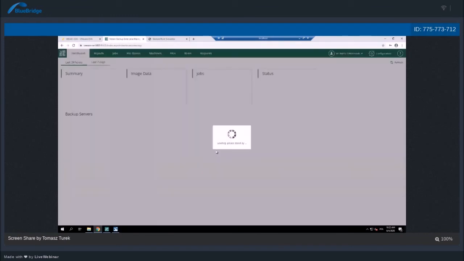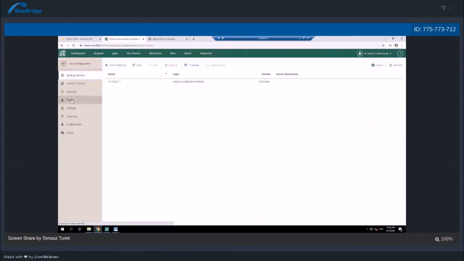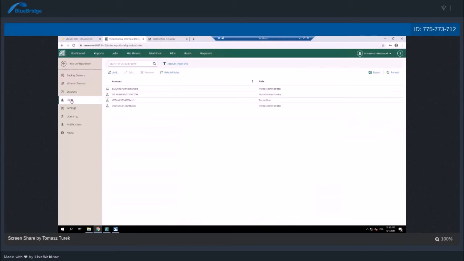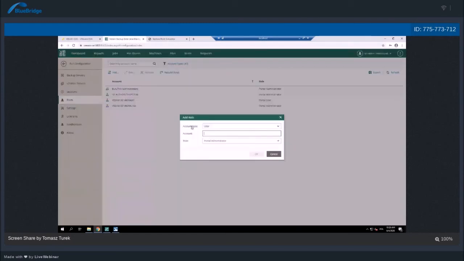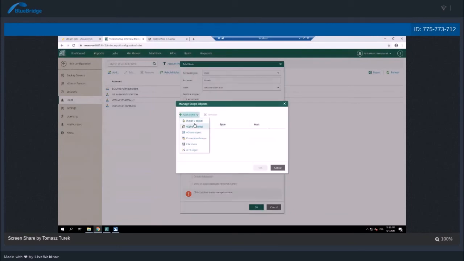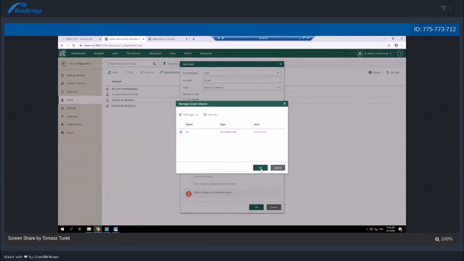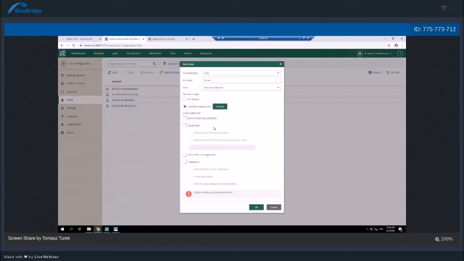The good thing about this web-based interface is that you're able to separate users, giving them access only to their machines, which are, let's say, in their ownership. So if we add an account, we can have something we call the restore operator role right here. Once we click that, I can say that, for example, this user, let's say it's going to be me, only has access to a vSphere machine, and the only machine I'm allowed to do anything with is this domain controller, nothing else, because I'm a domain controller admin in my organization.